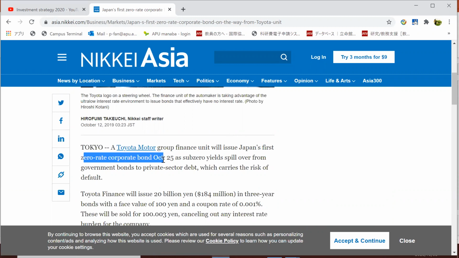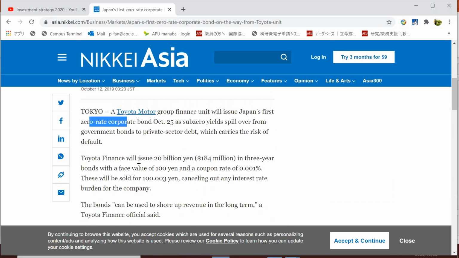This means that if you buy this bond, your expected return is close to zero if you calculate it, because they will issue 20 billion yen in 3-year bonds, and the face value is 100 yen, and the coupon rate is 0.001%.